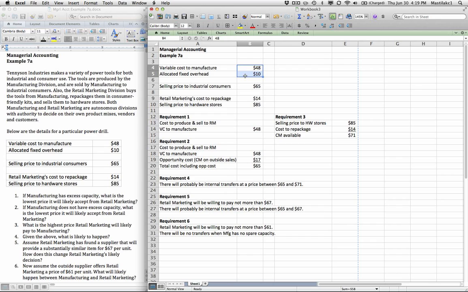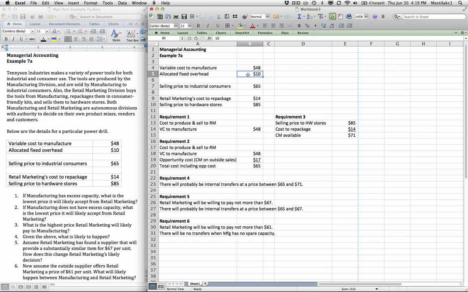policy happens, so that this full cost of $58 is sort of intended to represent something like sometimes there's spare capacity, sometimes there's not. It gives a price that covers all of manufacturing's cost, gives them a little bit of profit because every additional unit would contribute $10 that is covering fixed costs that aren't increasing anyway.